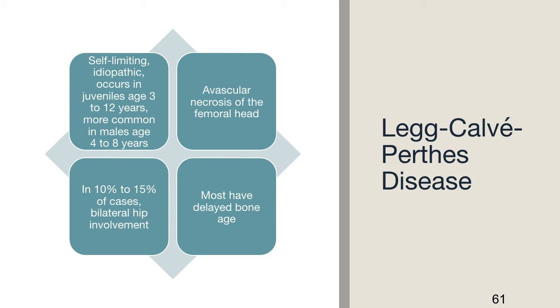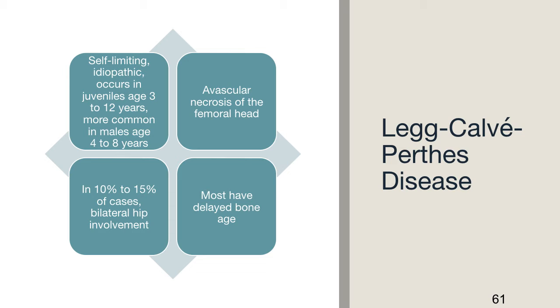So in other words, the femoral head does not have blood flow to it, and so it's not getting oxygen to it, and in 10 to 15% of cases, there's bilateral hip involvement with it.